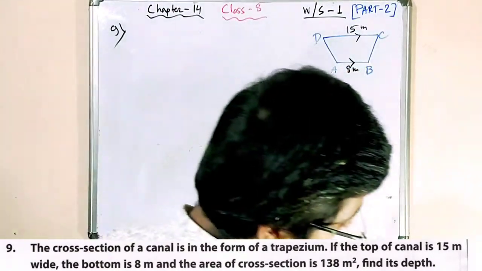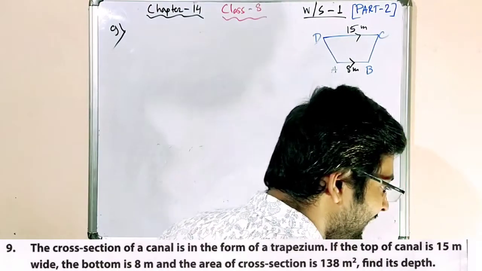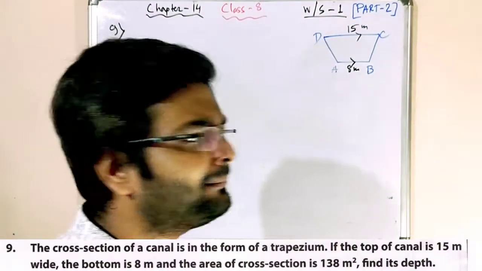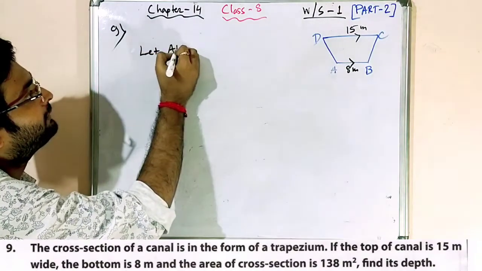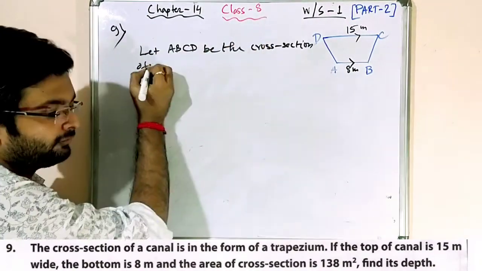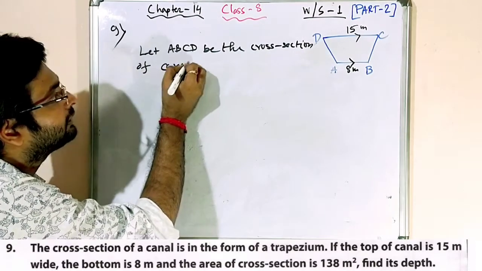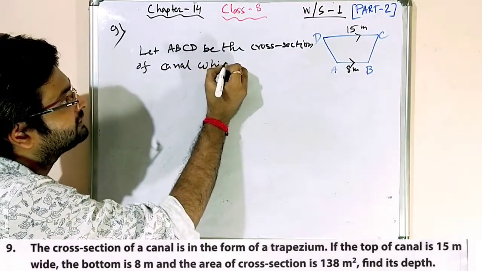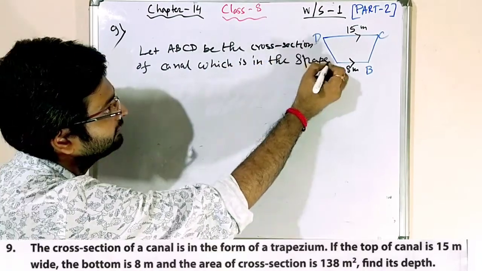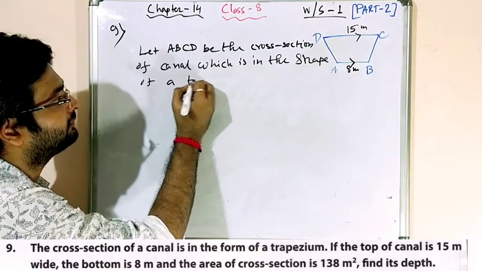Okay, now what they have told, another thing, area has been given, that is the cross section. The area of the cross section is 138 meter square. Let ABCD be the cross section of the canal which is in the shape of a trapezium.